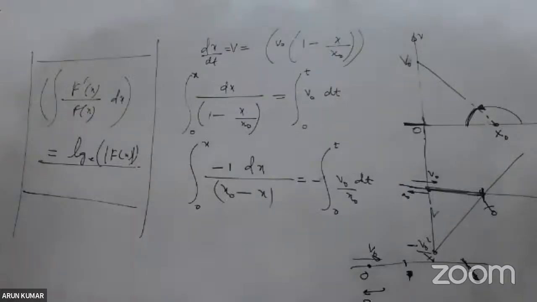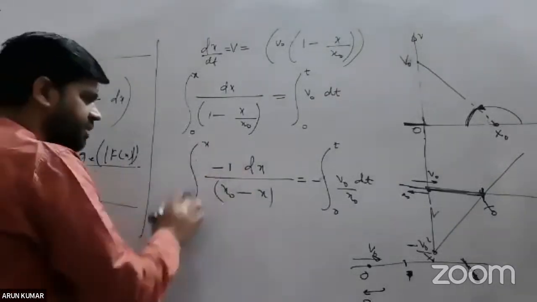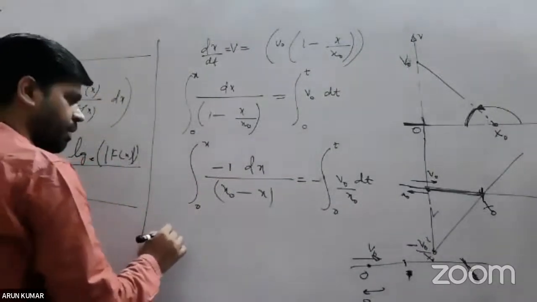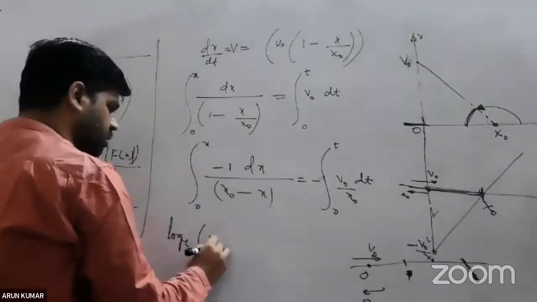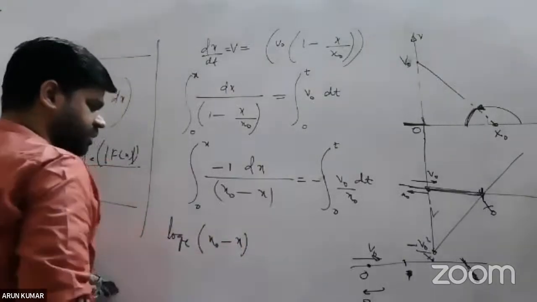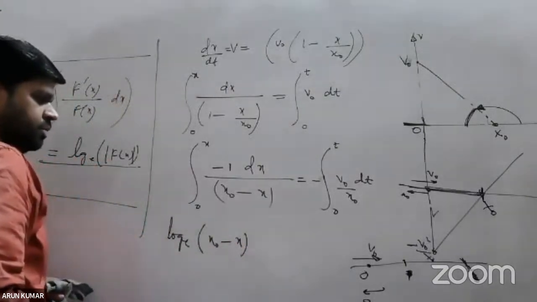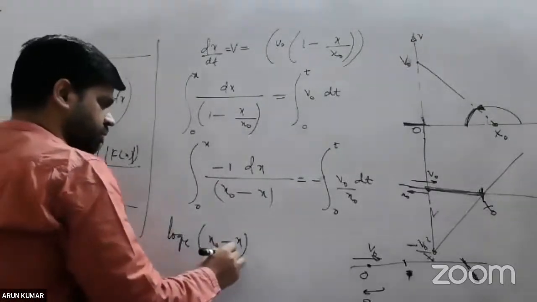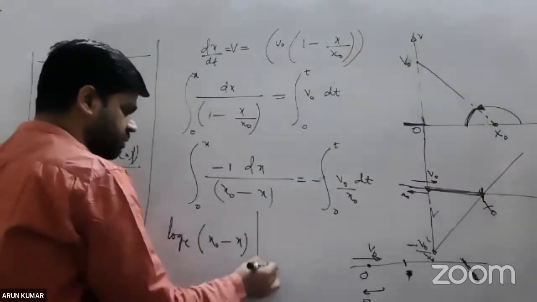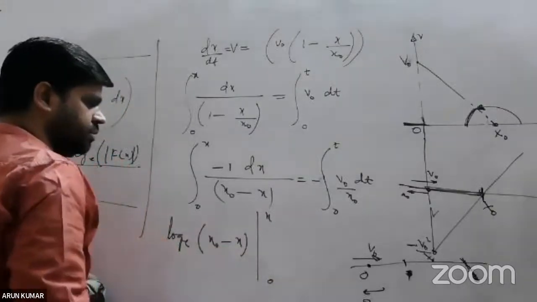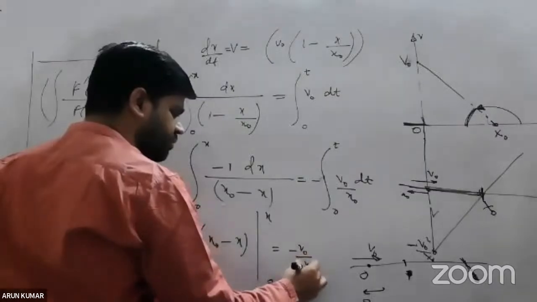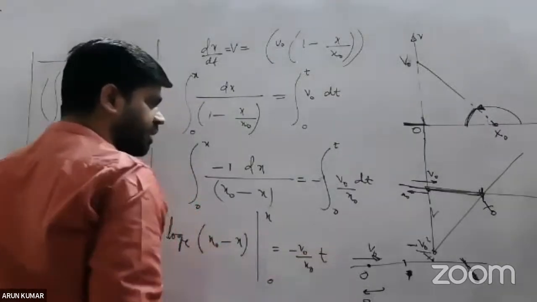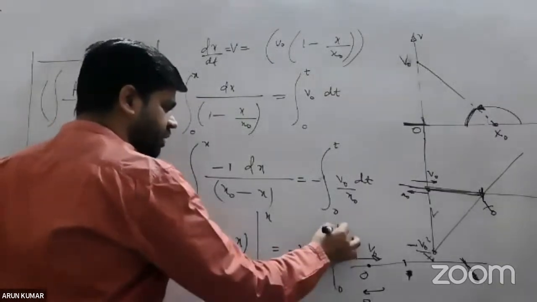So I can write this integral as log of x naught minus x under the limits 0 to x is equal to, the constant comes out, minus v naught by x naught, integral dt, which is t under limits 0 to t.